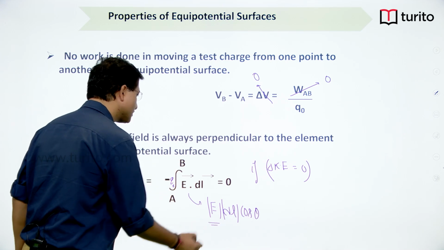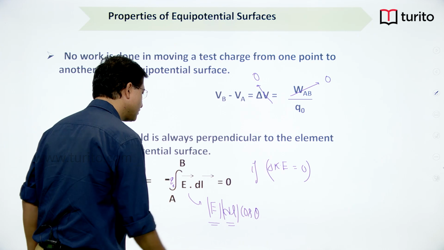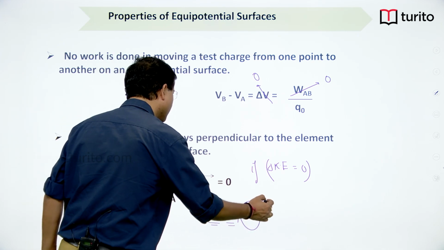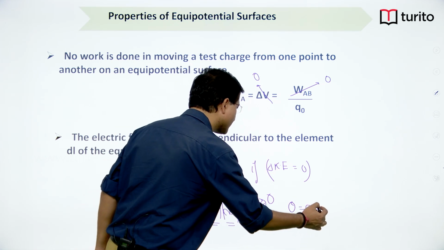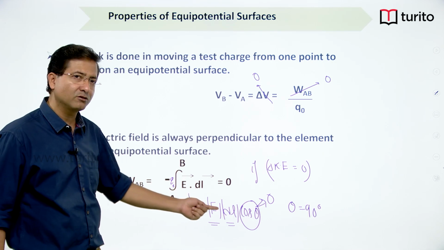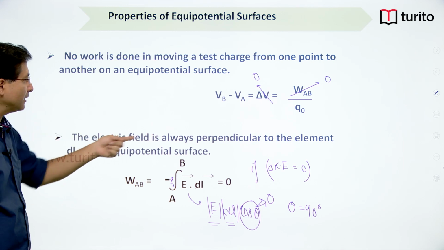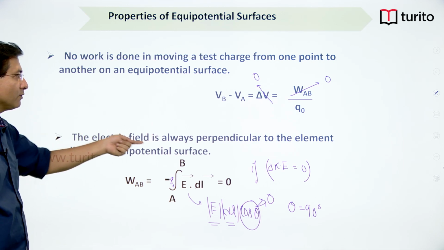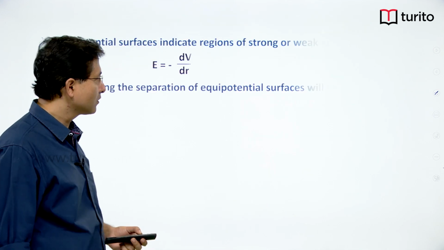This quantity is non-zero, this quantity is non-zero, but the product is coming 0, that means this quantity will be 0 and this quantity can be 0 when theta is equal to 90 degree. That means the angle between the electric field vector and the dl vector has to be perpendicular. Electric field line is always perpendicular to the element dl of the equipotential surface. Second point is clear. Now see the next point.